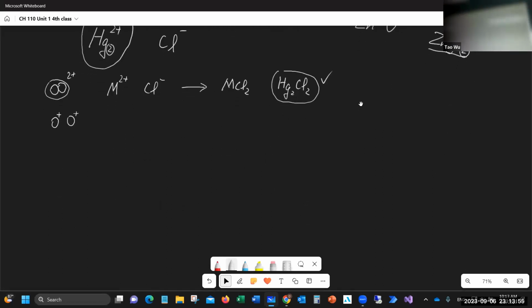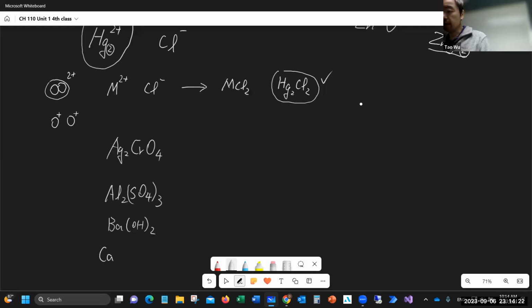For the first one, that's 2 silver and then chromate, so that's silver chromate. Then you have aluminum sulfate, and barium hydroxide, and calcium hypochlorite.